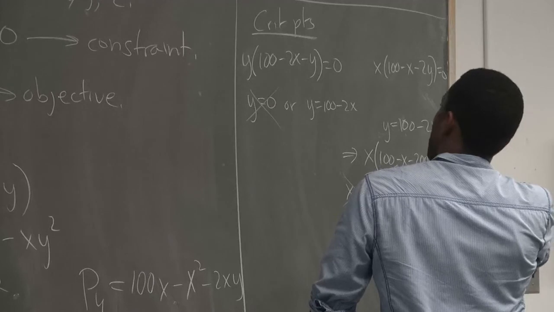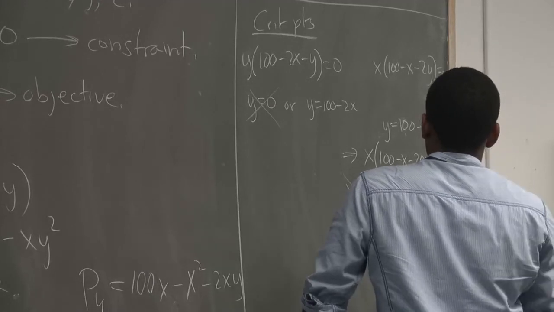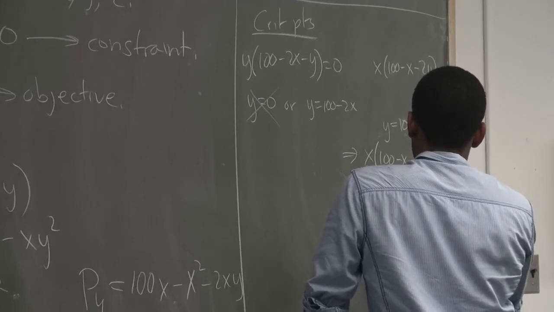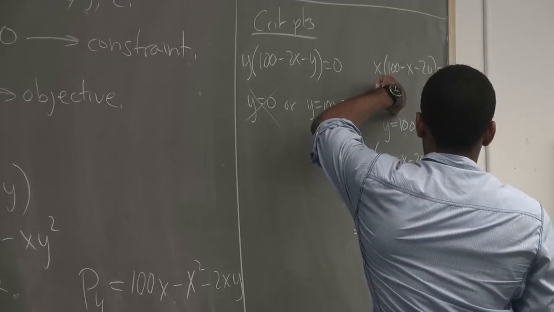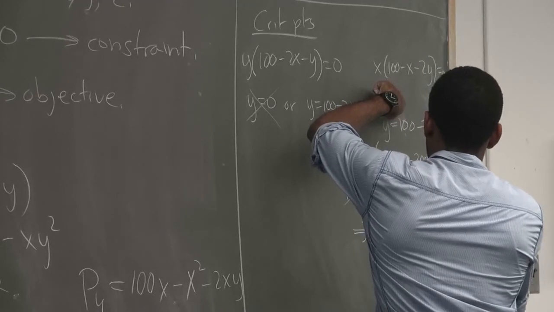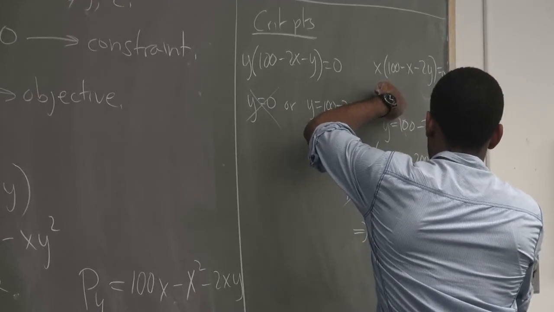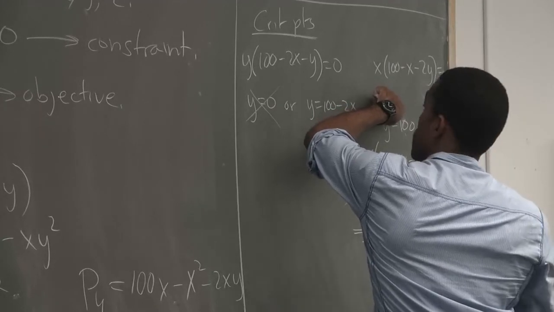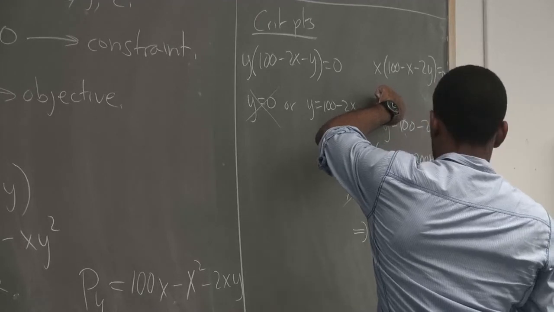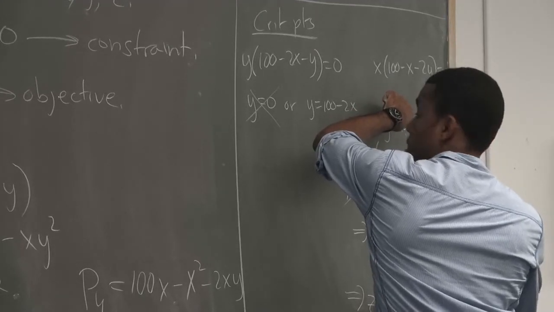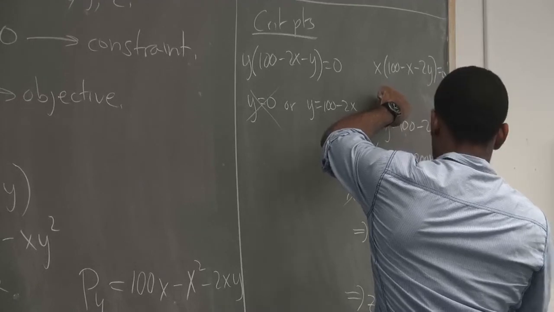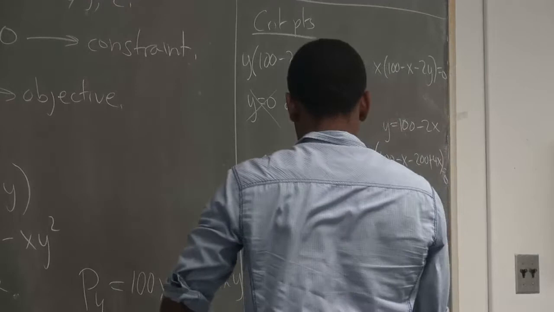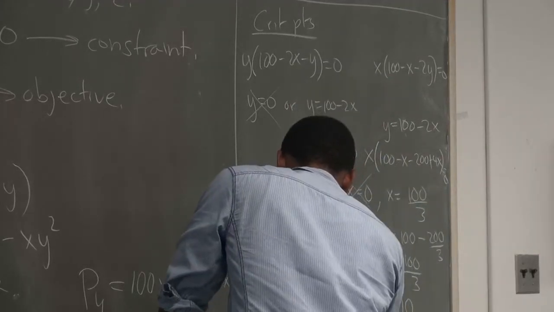So 100 over 3, which means your y is equal to 100 minus 200 over 3, which is 100 over 3, which means that your z is also 100 over 3. So those are the three numbers.